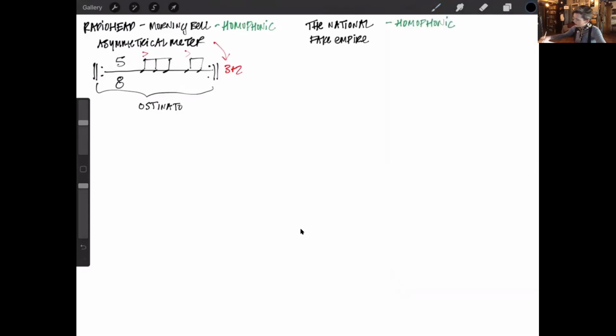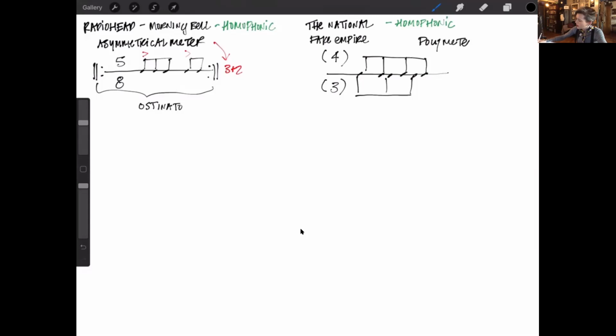But if we're thinking about the notation, what's happening is that we're hearing 1, 2, 3, 4 against 1, 2, 3 simultaneously. That's not a time signature, that's just to notate that we're dealing with an example of what we call polymeter. More than 1 meter at a time.